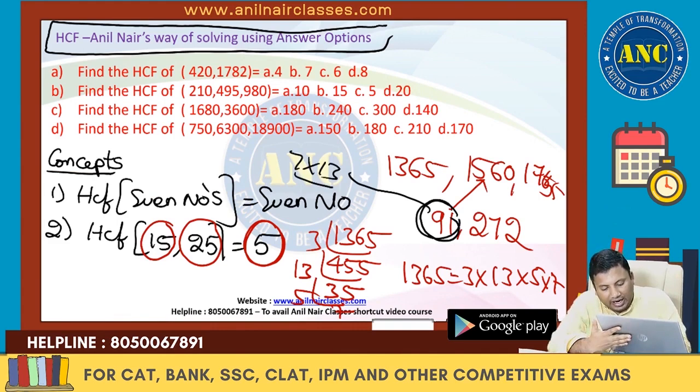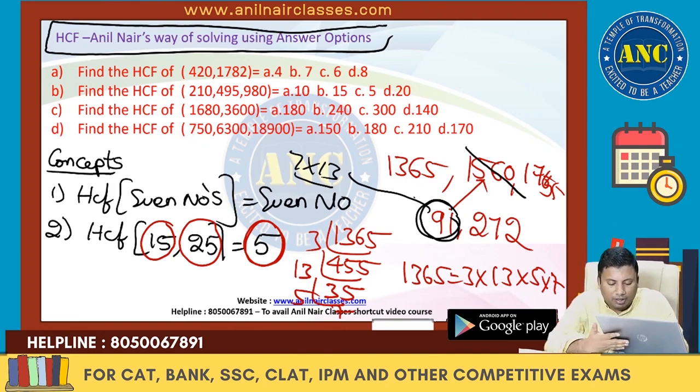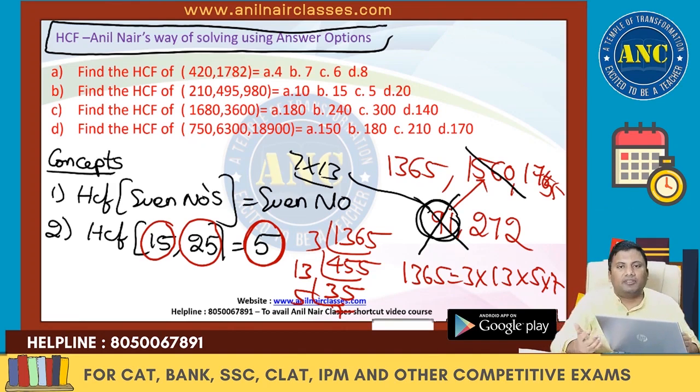If I take 91, this number should be divisible by 7. 7 2s are 14, leaving 16. 16 is not divisible by 7. If it is not divisible by 7, how can it be divisible by 91? I hope it is clear. Next, what is the other logic that we have got?